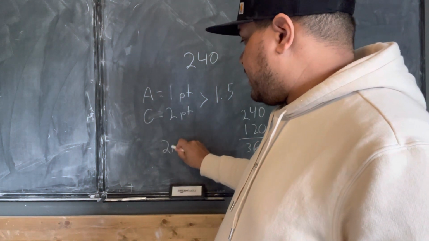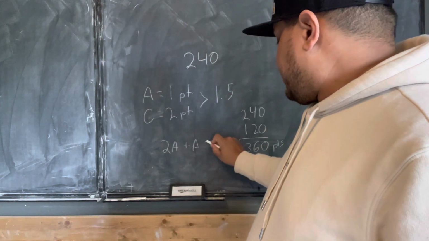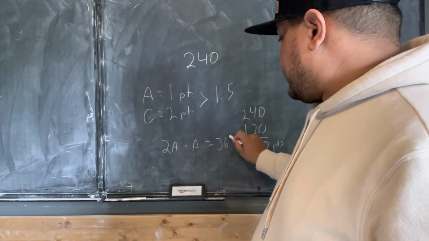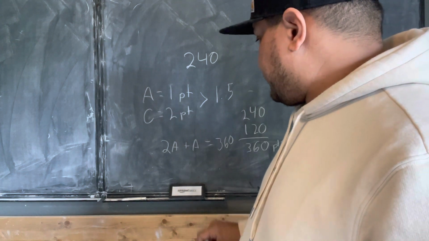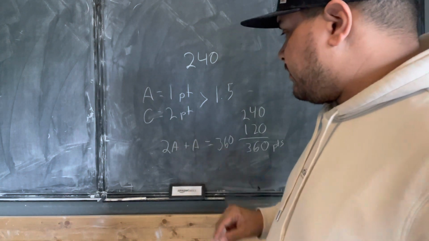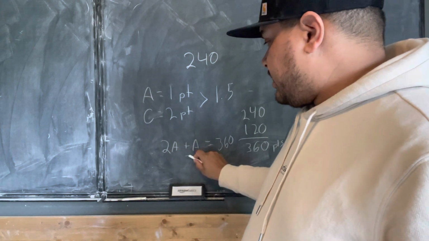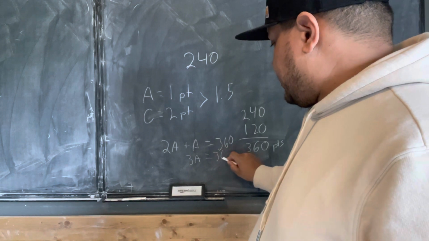So 2A plus A equals 360, right? And so now we have to solve for A, right? So now we take 2A plus A, that's 3A, and that equals 360.